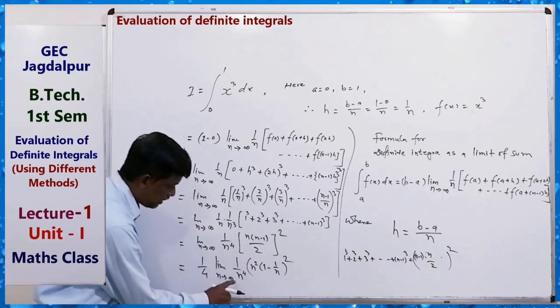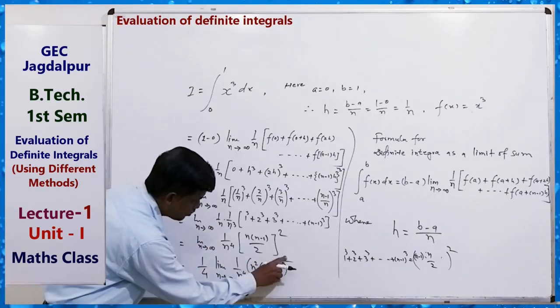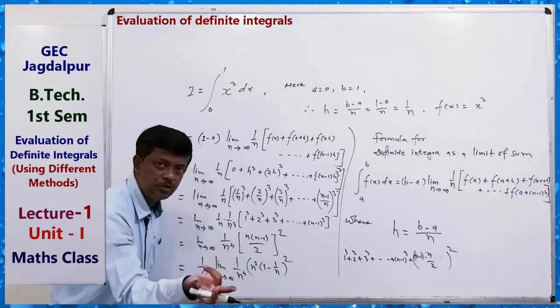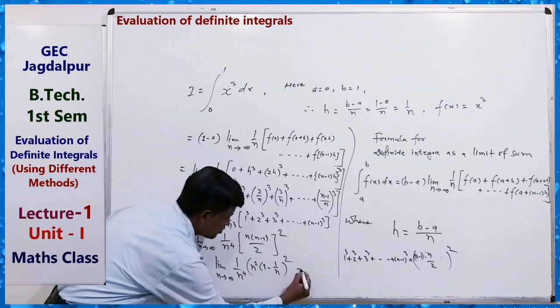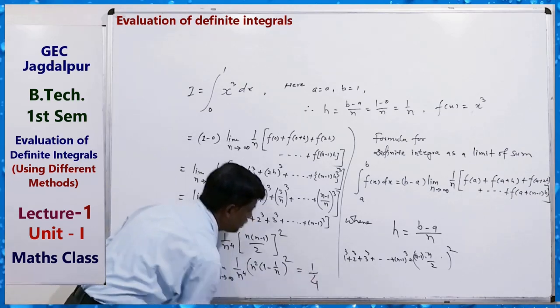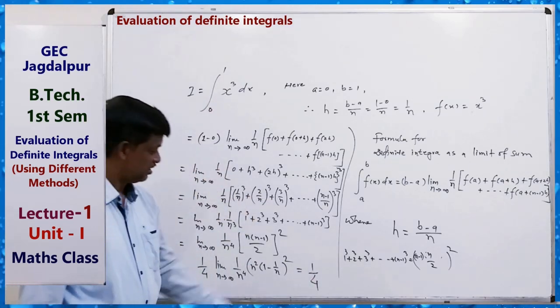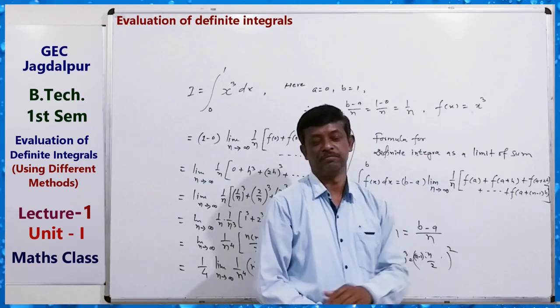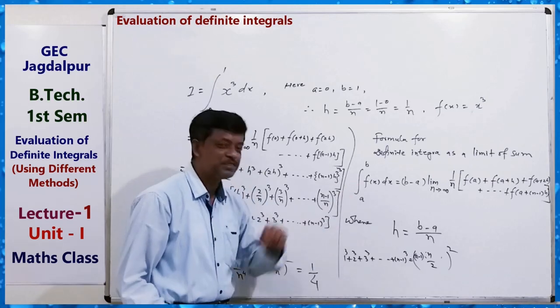Now n power 4 and n square 4 cancel, and as n tends to infinity, 1 by n tends to 0, so we get 1. So this equals 1 by 4. So its value is 1 by 4 by using definite integral as the limit of sum. So this is a tedious method, okay.